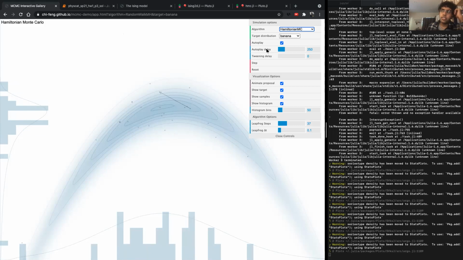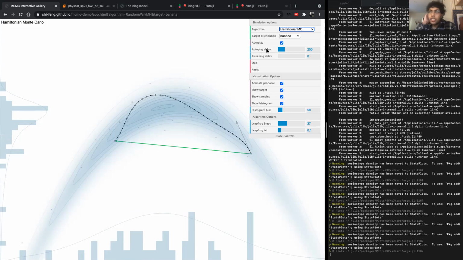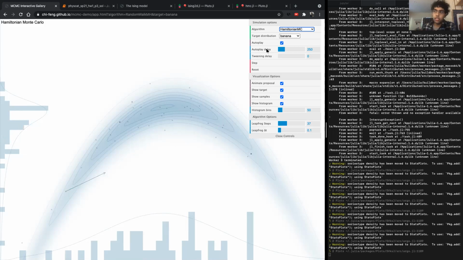I want a method that's going to let me make proposals and accept them almost all of the time. And this thing we're seeing on the screen is somehow magically doing that. The exact math of that, I honestly couldn't tell you off the top of my head, but essentially the idea we want to work with is that it is making an analogy to a physical system. This is called Hamiltonian Monte Carlo.